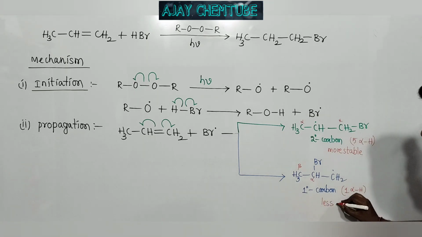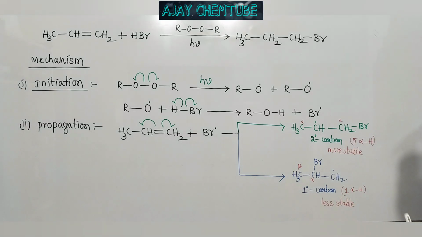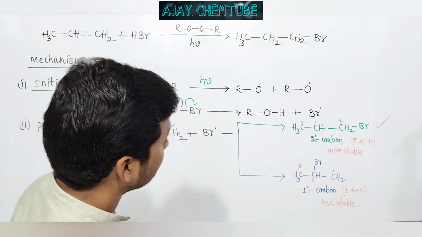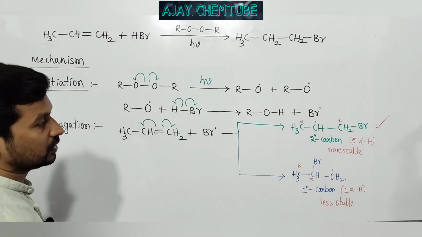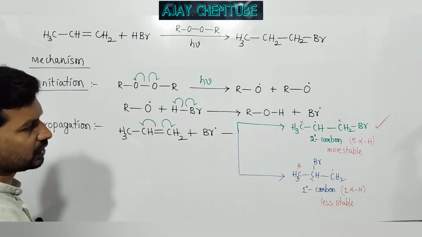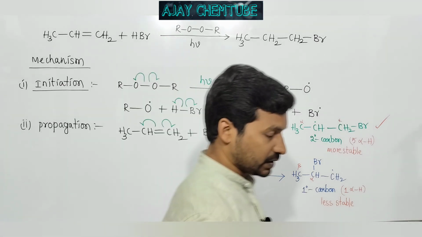Reactions proceed through the more stable intermediate. So that's why the major portion of the reaction proceeds through this, and the product corresponding to that is more stable. Okay, so this is the second step.